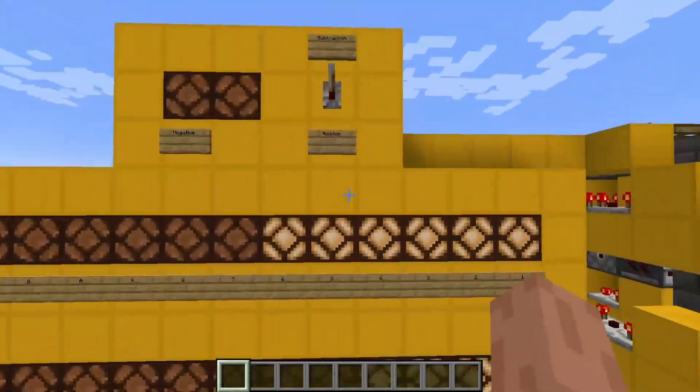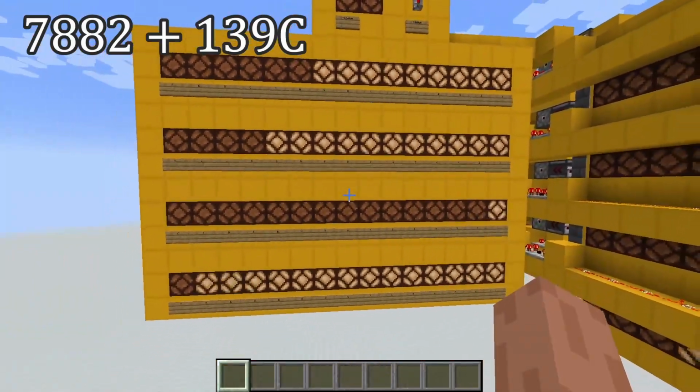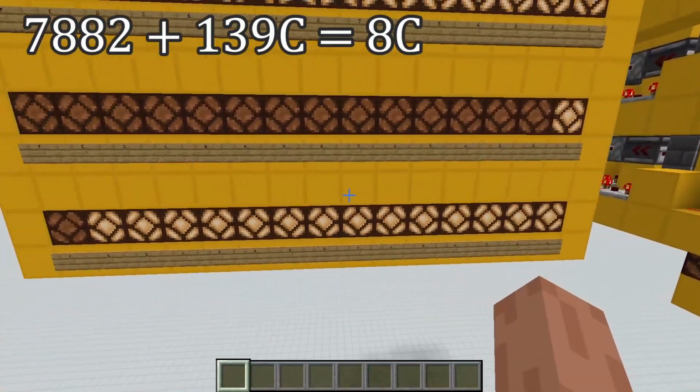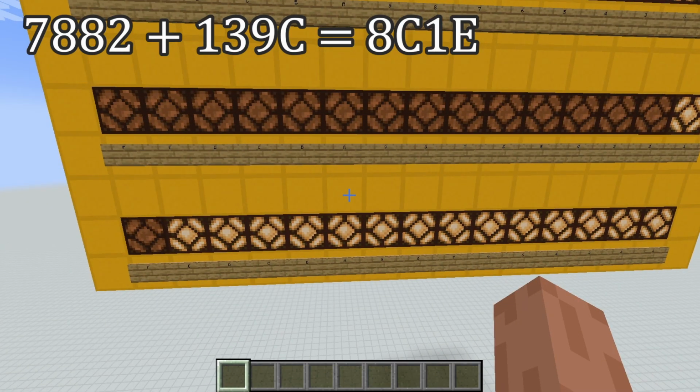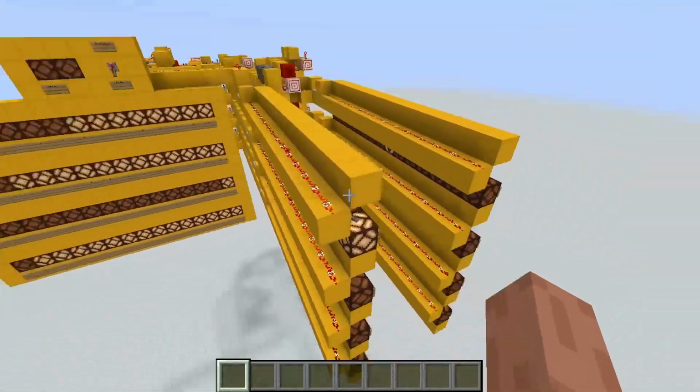And then we can easily switch this to the addition result, then we get 8, C, 1, E, and that's also what we would expect.